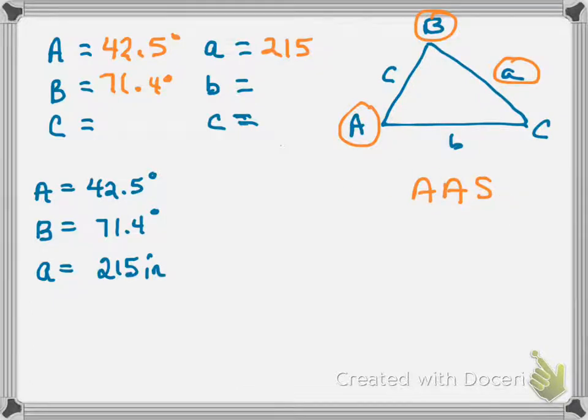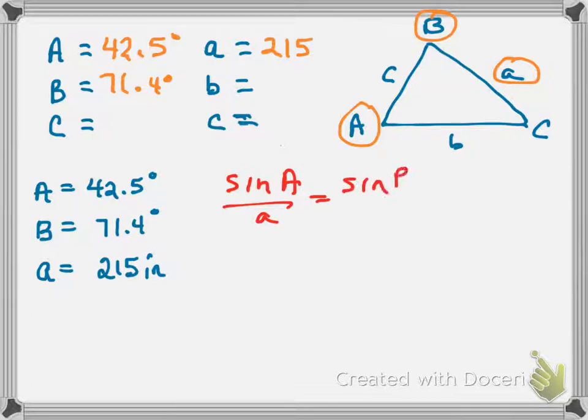So I'm just going to use law of sines. I remember what law of sines says: the sine of angle A over lowercase a is equal to the sine of B over lowercase b is equal to the sine of C over lowercase c. Now these could be inverted.